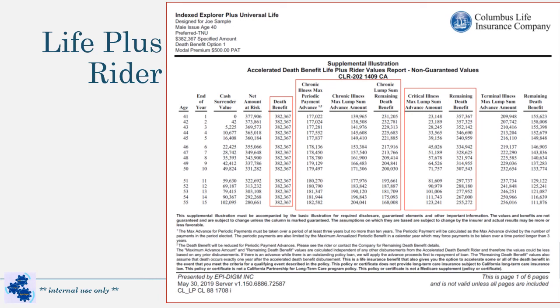If he's in that medical condition, he can take out at first year $23,148, and there's a remaining death benefit of $357,000. And the next one is terminal illness in California. If the doctor tells you you've got less than 12 months of life expectancy because of your medical condition, you can take out as much as $209,000 the first year, with a remaining death benefit of $155,000.